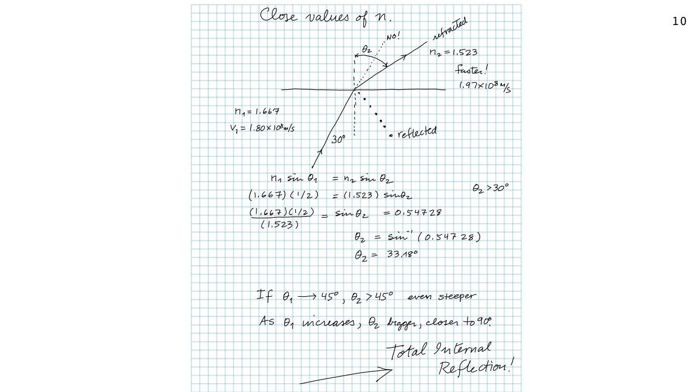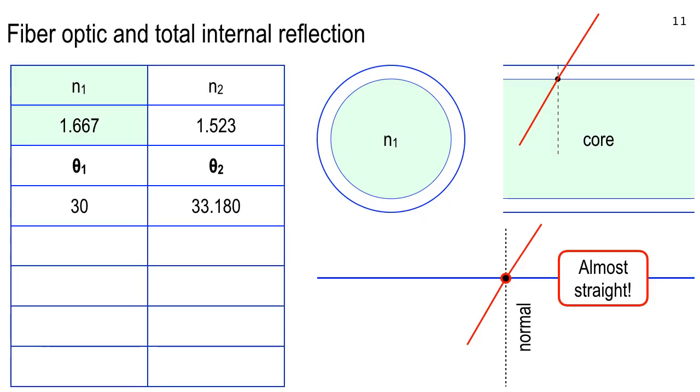All right. Now, here's what we're looking at. What we just did was this calculation here for a fiber optic cable in which N1 is 1.667. That's what we had down in the lower part of the diagram. So if you look at the cross-sectional view of fiber optic, the core, this greenish area, is going to have a slightly higher index of refraction.